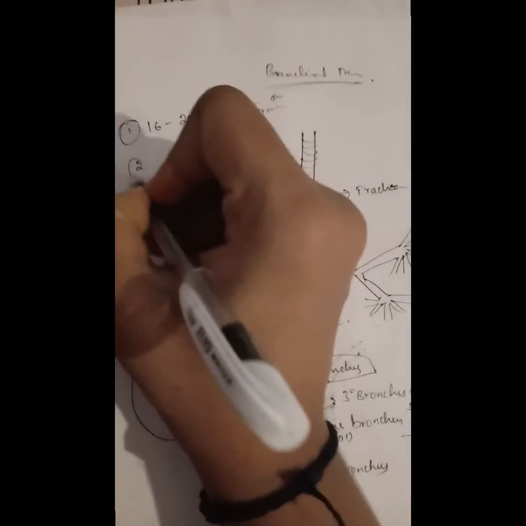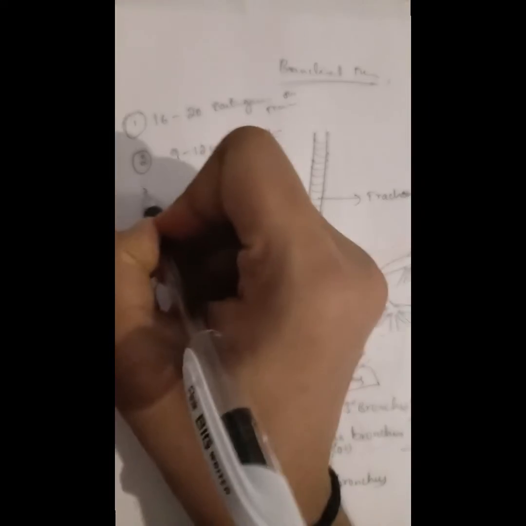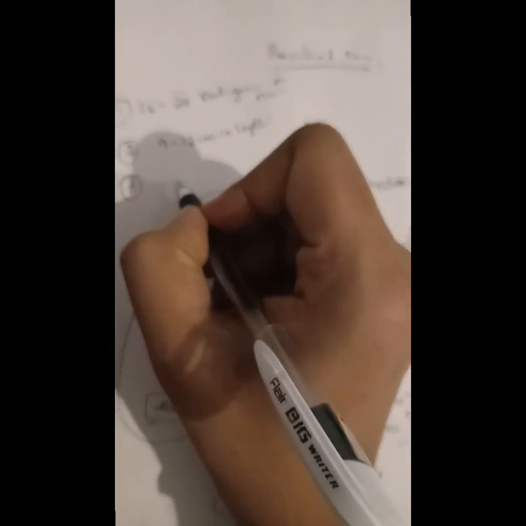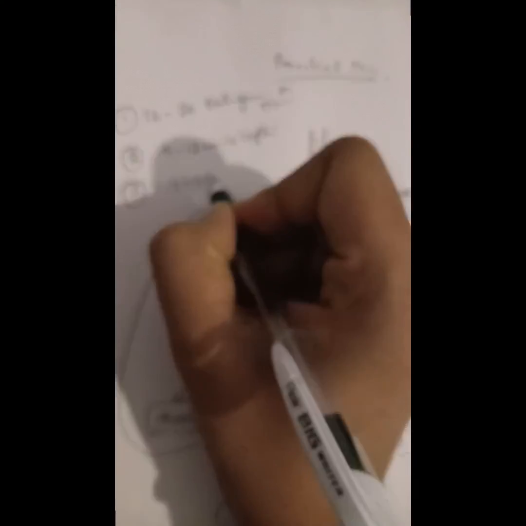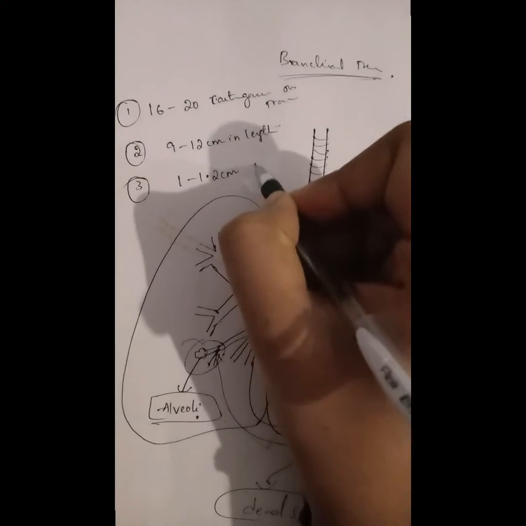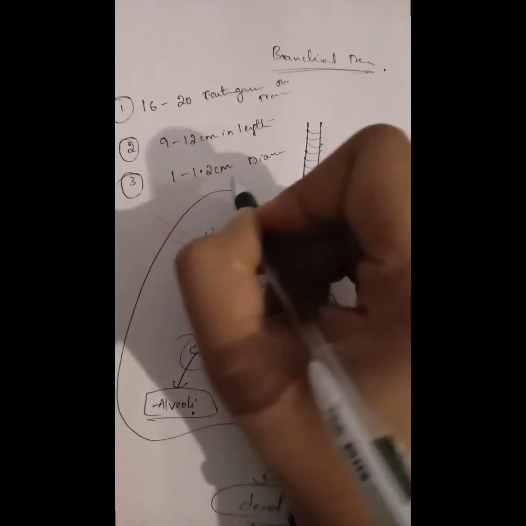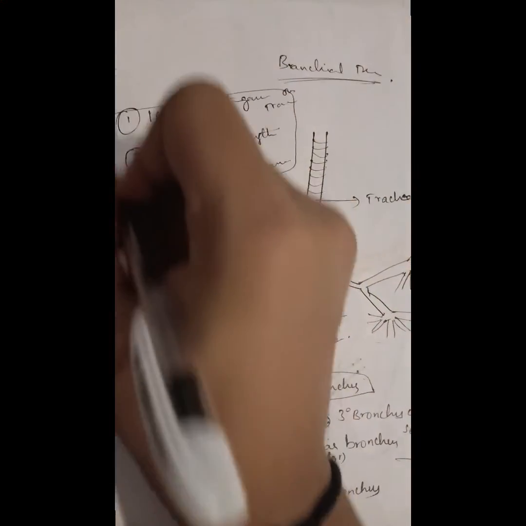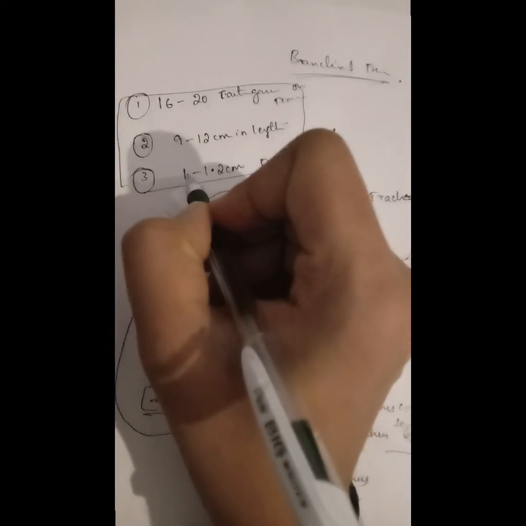Number 2: the trachea is 9 to 12 centimeters in length. Number 3: the diameter is 1 to 1.2 centimeters. These are the dimensions of the trachea, friends.